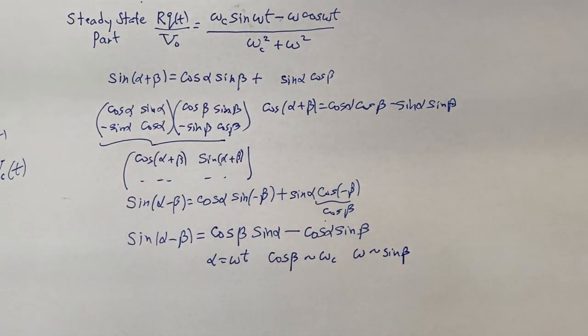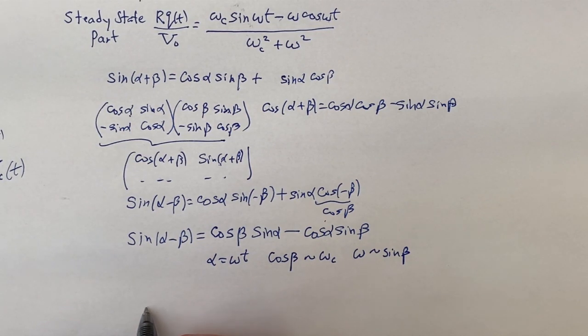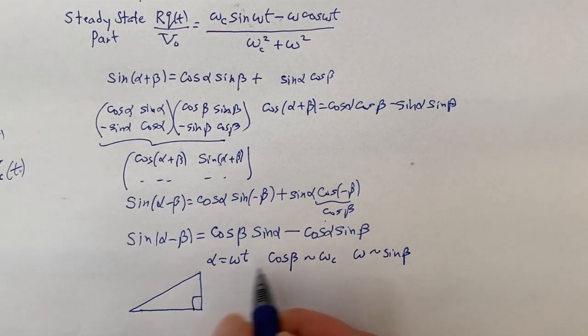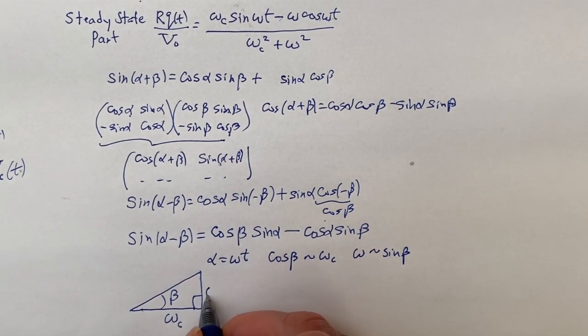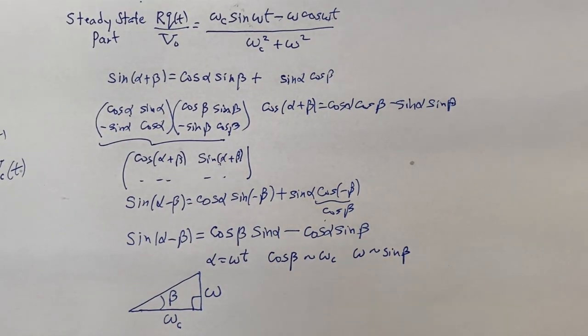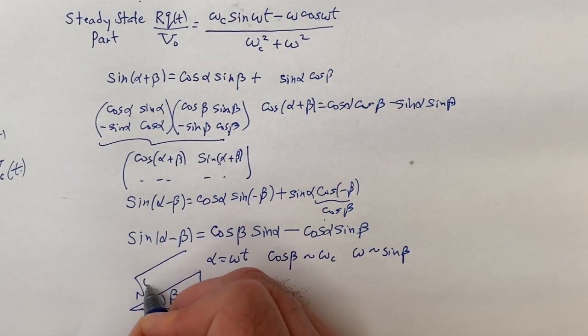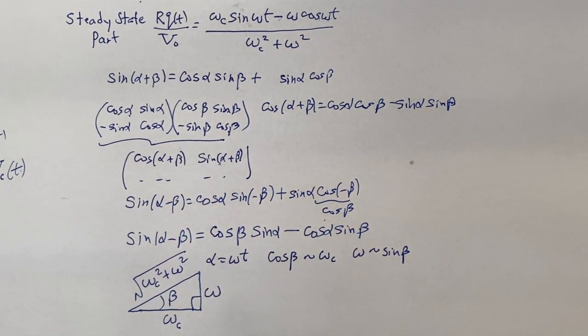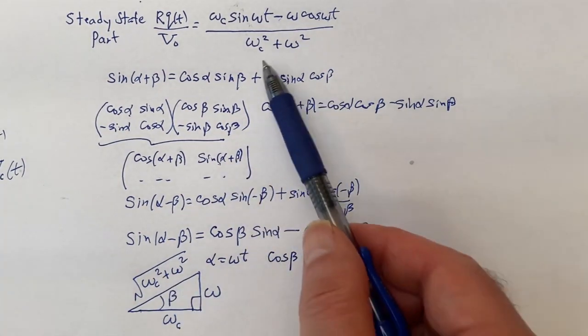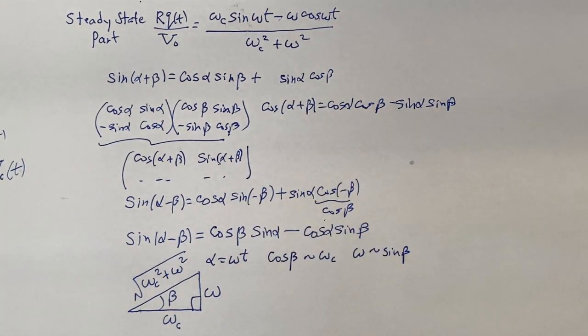All right, so this is an insightful step. And when we look at this, cosine and sine, it's visual, always good to be visual. Draw a triangle. You're saying here that if we have a beta, the cosine is related to omega sub C, so you put that down there. And if the sine of beta is related to omega, we put that down there. That's what's being suggested. Then here, the hypotenuse would be the square root of omega C squared plus omega squared. And now, look, with this similar thing down here, this looks very, very nice.